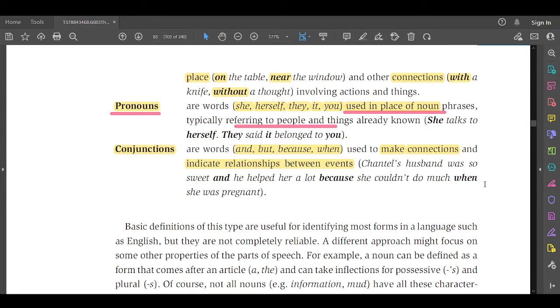So an example: "Sweet and he helped her a lot because she couldn't do much when she was pregnant." These are all conjunctions, used to make connections and indicate relationship between events. Focus on the word events.